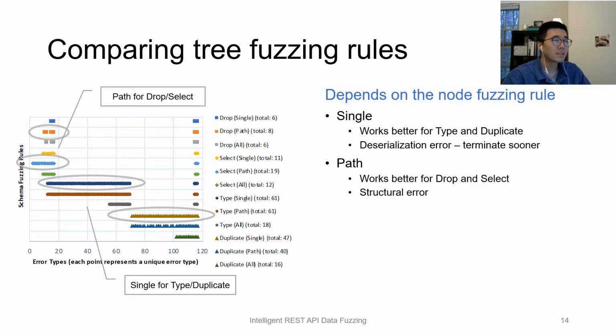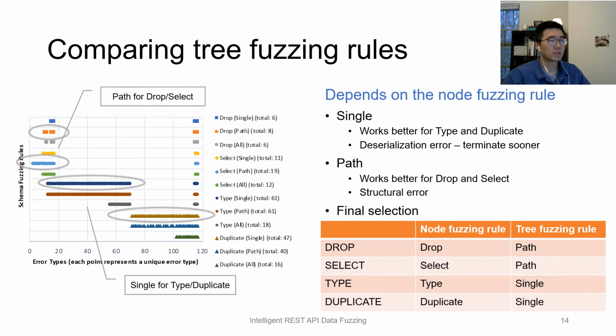So it is less beneficial to modify this kind of type in different places in the tree. And path, on the other hand, works better for drop and select, which are the two that cause the structural errors. So based on these results, at the end, we select 4 combinations as our basic schema fuzzing rules. We have drop, select, type, duplicate with their corresponding best selected tree fuzzing rules.